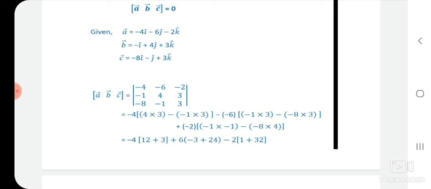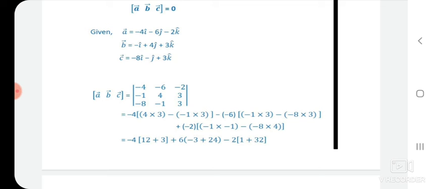15 into minus 4 is minus 60, plus 21 into 6, which gives 126, minus 2 into 33, which gives 66.